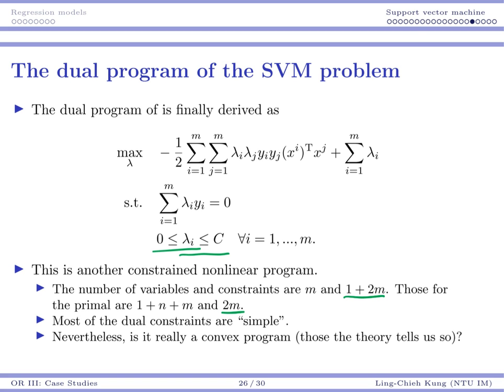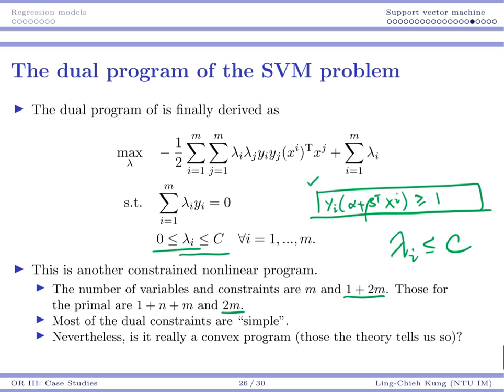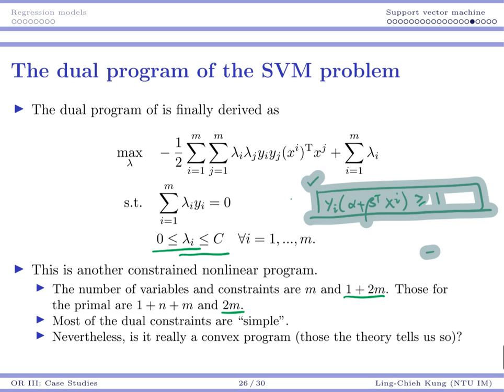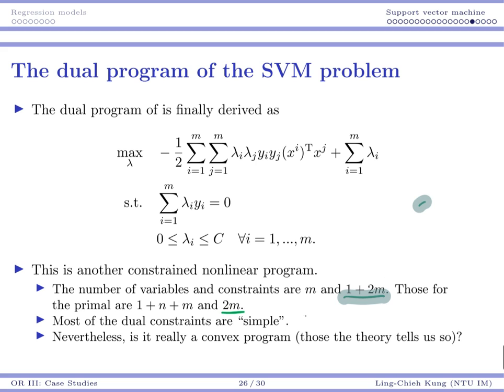They are just side constraints for your variable lambda. On the other hand, for your primal problem, you have y times alpha plus beta transpose xi greater than or equal to 1. This function is not very complicated, but it is at least more complicated than lambda_i less than or equal to c, right? So all in all, from this perspective, maybe you are also convinced that the dual program seems to be simpler than the primal program.